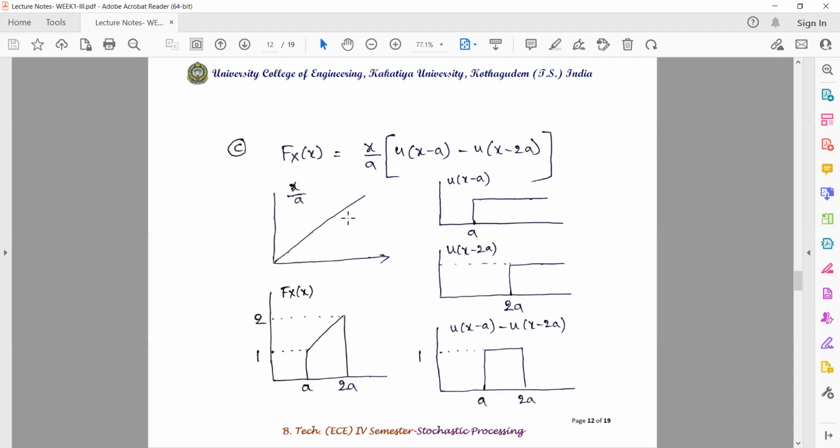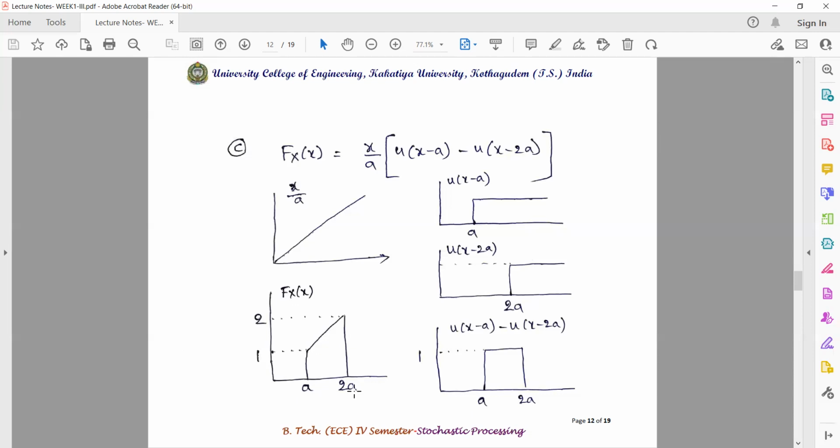When I multiply this with the pulse function, finally I will get, from a to 2a, the increasing function x by a. Here x by a, substituting 2a in place of x gets 2. Here x is equal to a, so a by a is equal to 1. So with 1 at a and 2 at 2a, it's an increasing function.